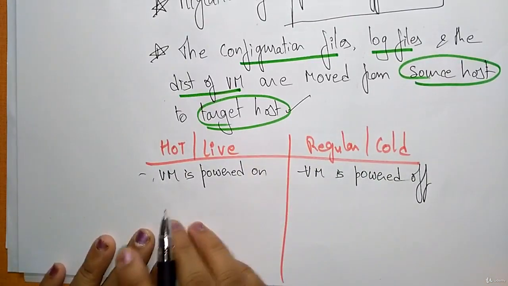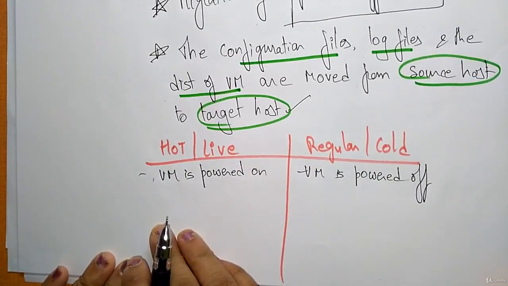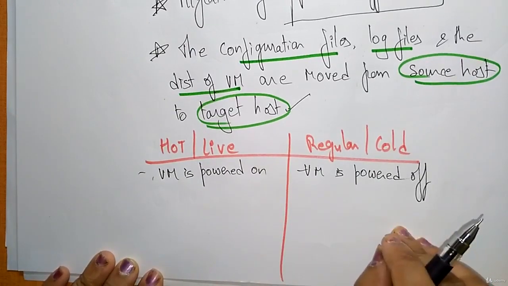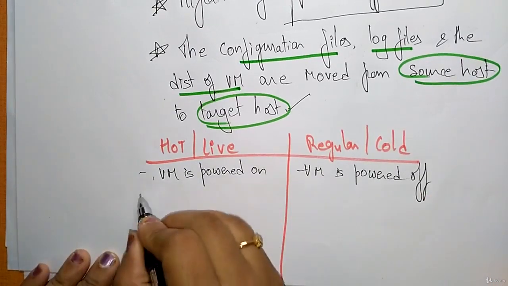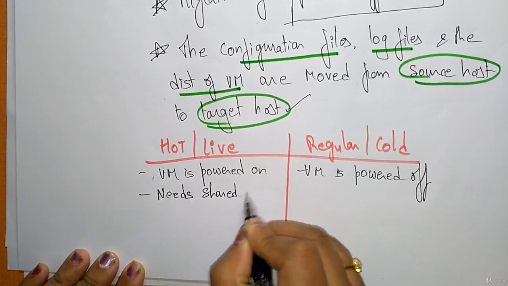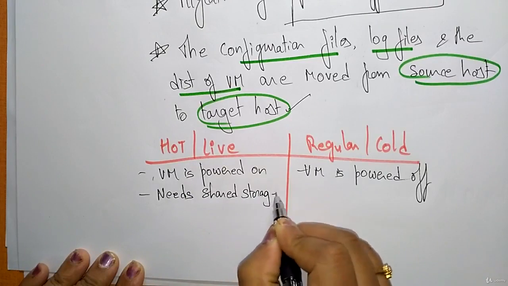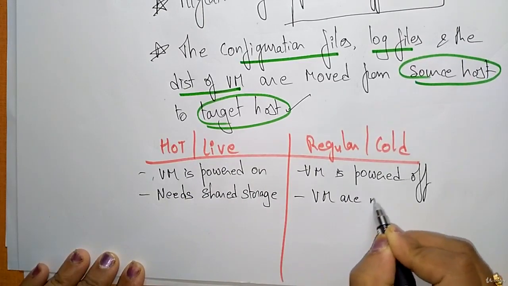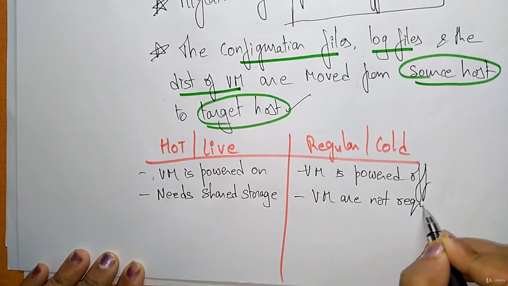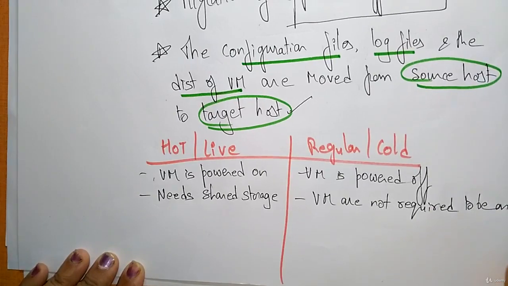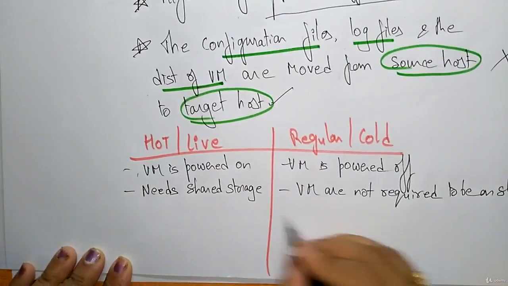Live migration needs shared storage for virtual machines in server pools, and here virtual machines are not required to be on shared storage.